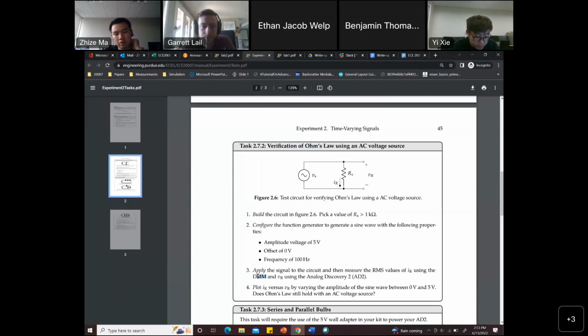One thing you probably want to know is that the DMM is optional to buy, so probably some students don't have a DMM. One way we can handle this is they measure the voltage by AD2 and then just use Ohm's law to calculate the current in case they don't have a DMM.